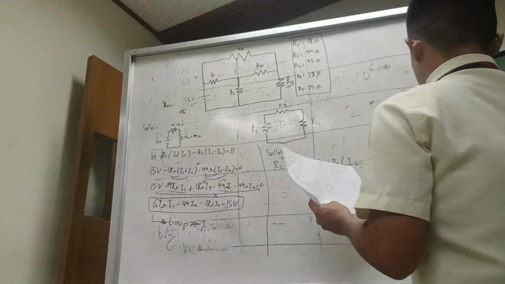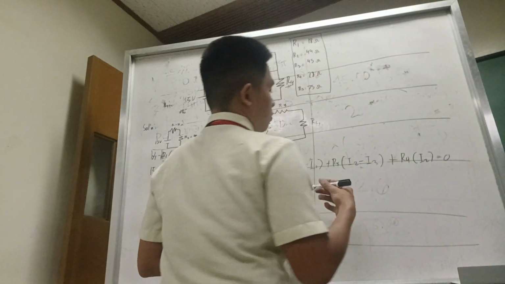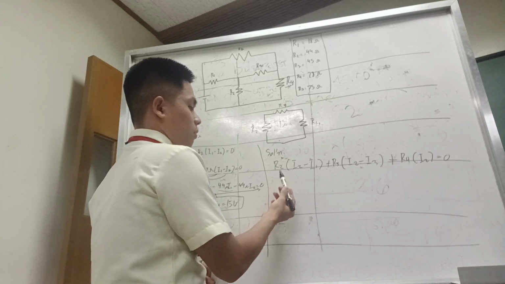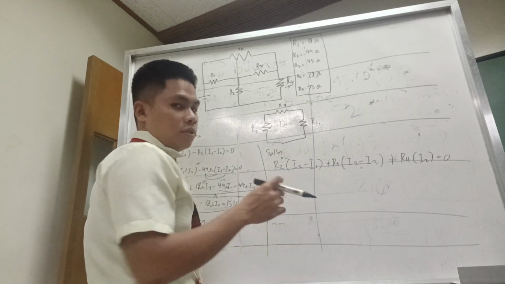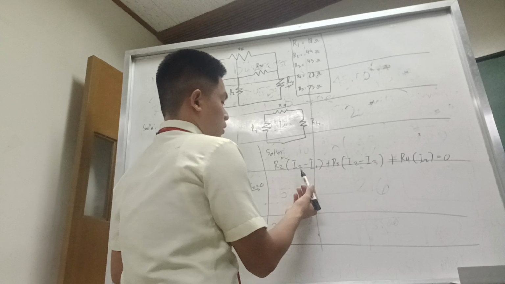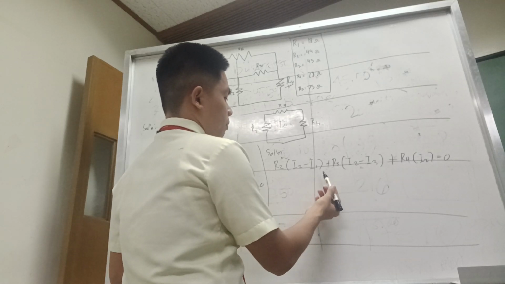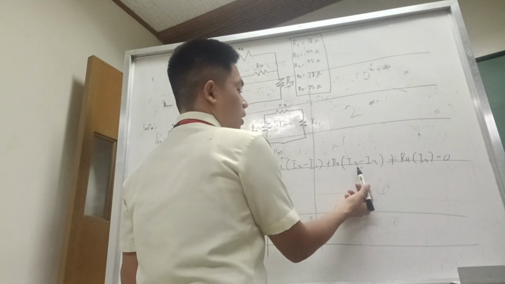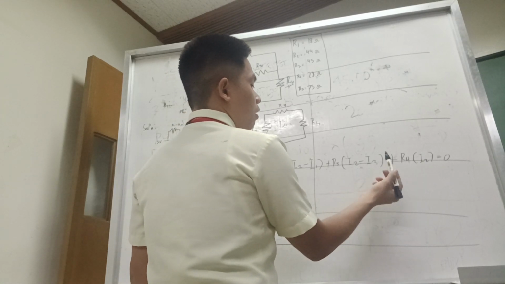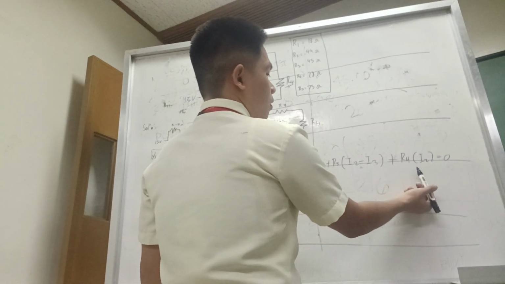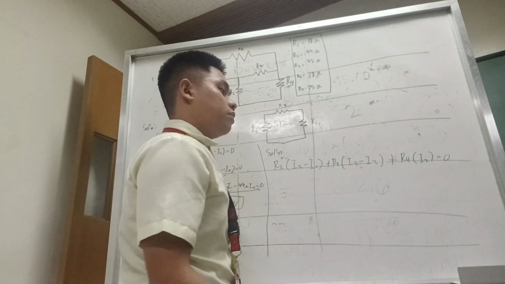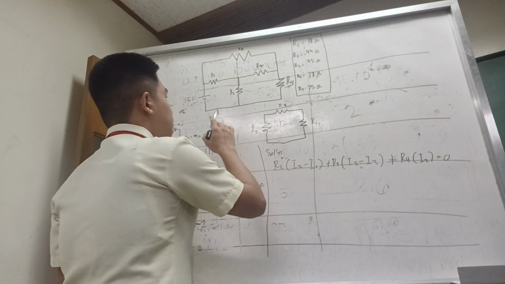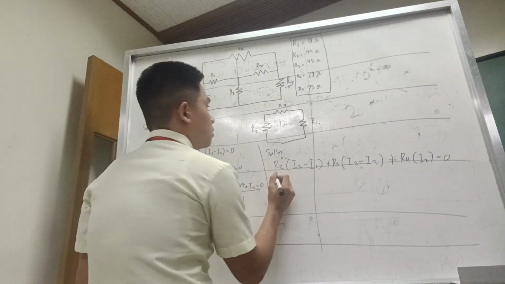Equal to 0. So let me repeat. R2 parenthesis I2 minus I1 close parenthesis plus R3 parenthesis I2 minus I3 close parenthesis plus R4 parenthesis I2 is equal to 0. So we need to input.